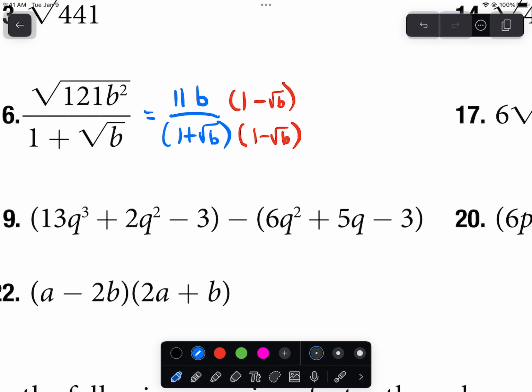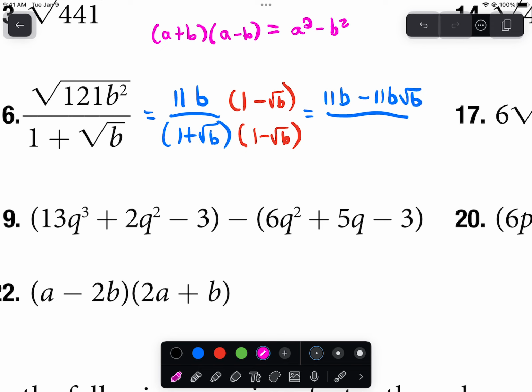For the top, we'll use the distributive property. 11b times 1 is 11b. 11b times a radical, just throw that 11b in front of the radical. Now let's talk about the bottom. Remember, a plus b times a minus b is always the difference of squares.